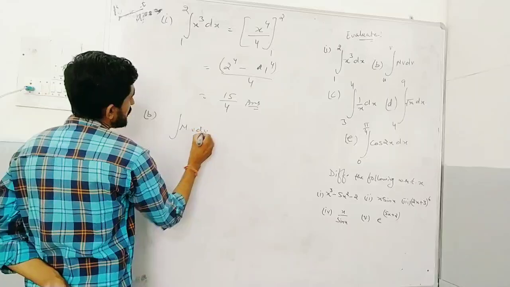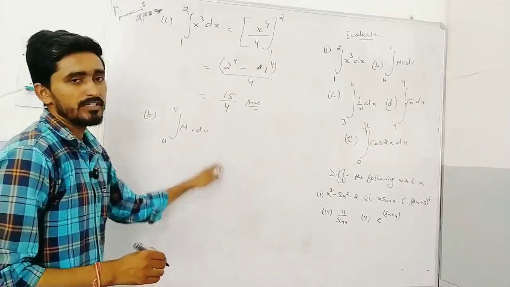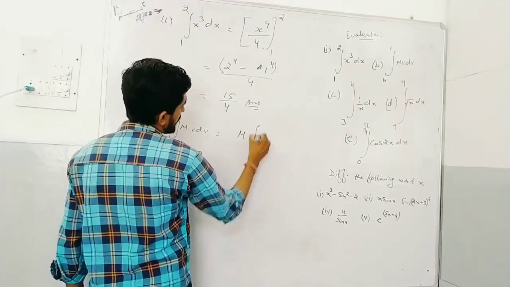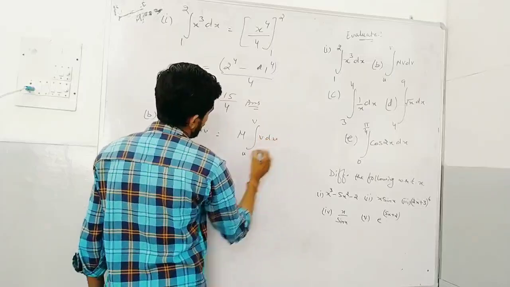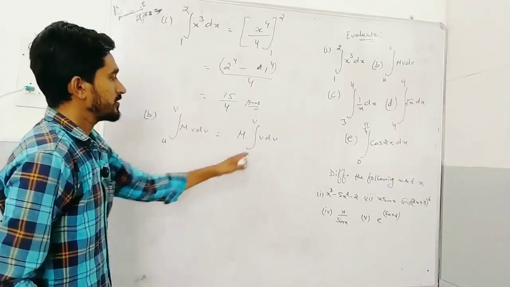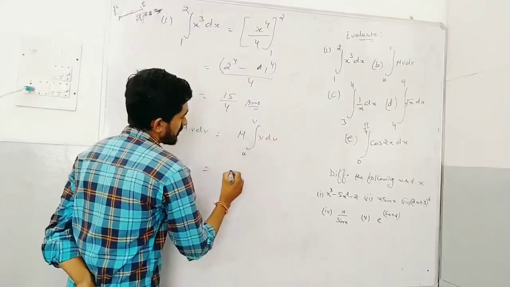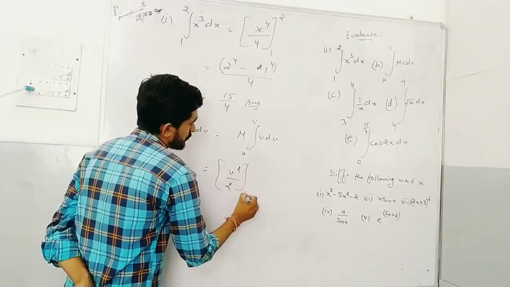Second part, B part: integration of m v dv, limits u to v. What does it give? m is constant, comes outside, and then integral u to v of v dv. The integration of v dv is v square by 2, limits u to v.